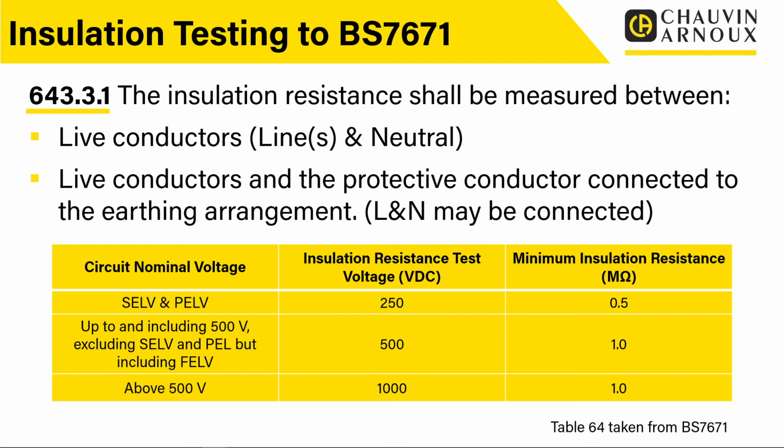Therefore, if we had a fault between our live conductors and something that is connected to earth, we would pick that up during this test. Whereas if we were just checking to the cable with it floating, all we are checking is that floating conductor. So we're not actually checking to the general mass of earth and the general earthing within the installation, the equipotential bonding and all that sort of thing that's in there.